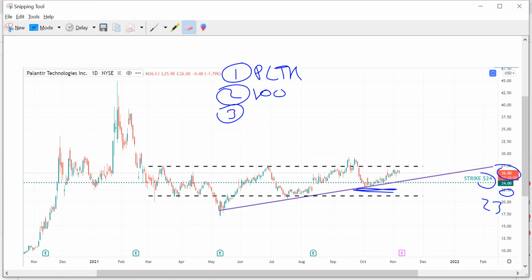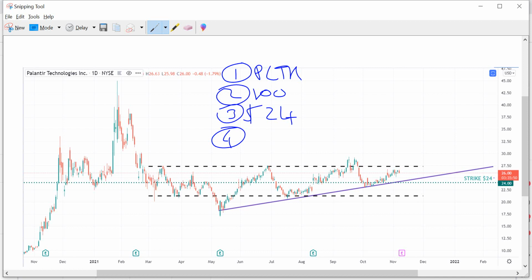So I wanted to get a balance of where I think Palantir won't be within the next week or so versus the premium that I receive. And again, because I don't mind owning 100 shares of Palantir at 24, I was quite comfortable selling this option at the 24 strike.